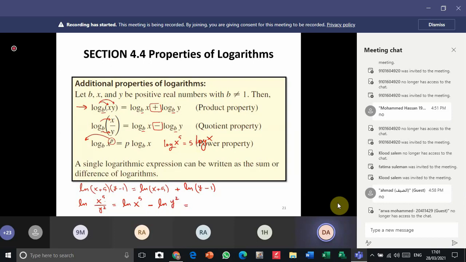Also, we can continue to simplify so each variable has no exponent inside the logarithm. So we put the exponent 5 outside the ln by multiplying, and 2 outside the ln multiplied with ln. So we have the result 5 ln x minus 2 ln y, like this. This is more simplified. If we need to simplify more, we must put the variable x or y inside the ln with power 1.